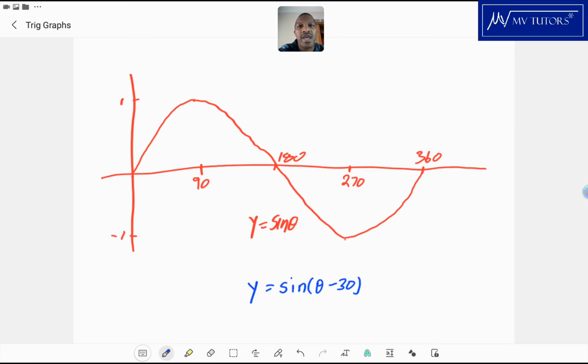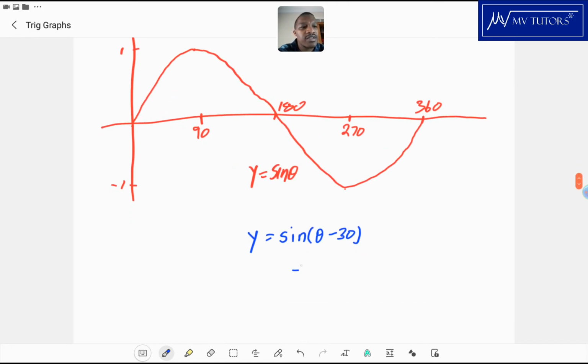Well, that is a shift either left or right. Now, whether it shifts left or right depends on the sign, whether it's negative or positive. If the sign is negative, then that is a shift to the right.